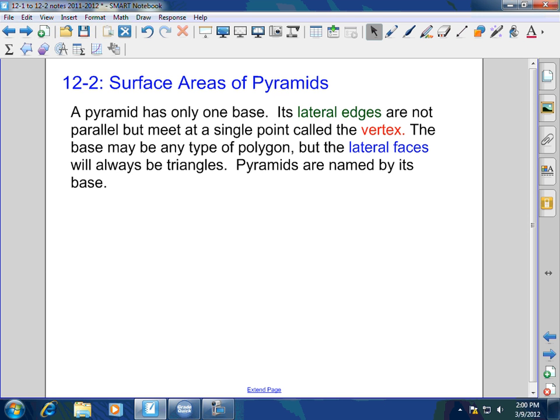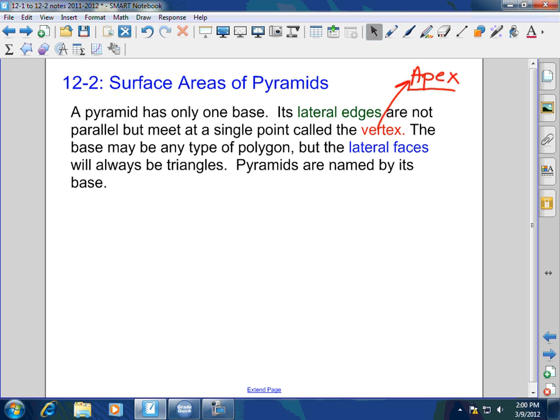Its lateral edges are not parallel like in a prism, but they meet at a single point called the vertex. Sometimes they call the vertex the apex. Okay? The base may be any type of polygon, but the lateral faces will always be triangles.